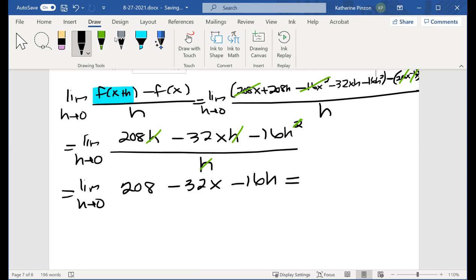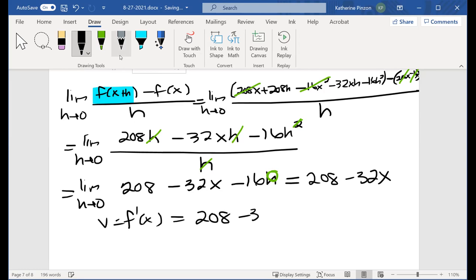What's the last step? Plug in the 0 for h. So 16 times 0, that guy's not going to count anymore. 208 minus 32x. So my f prime of x, or my velocity, is 208 minus 32x.